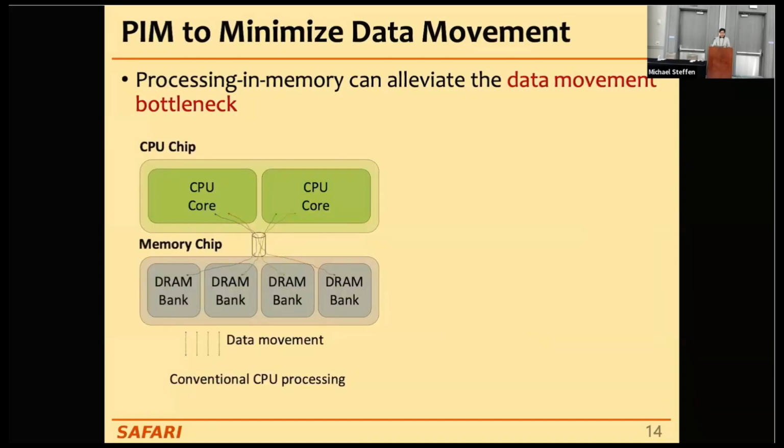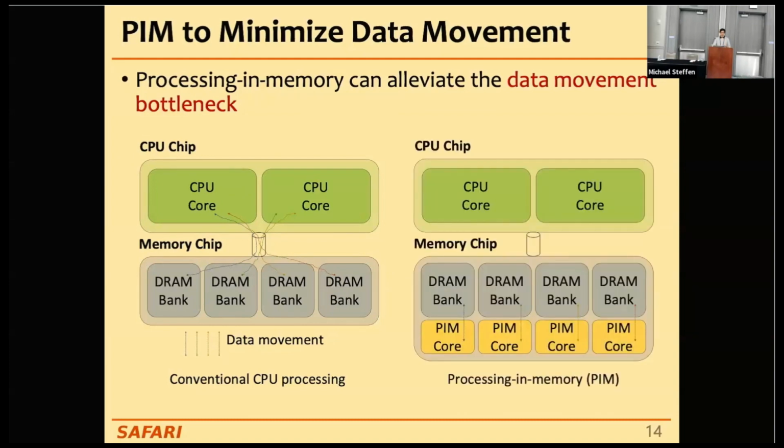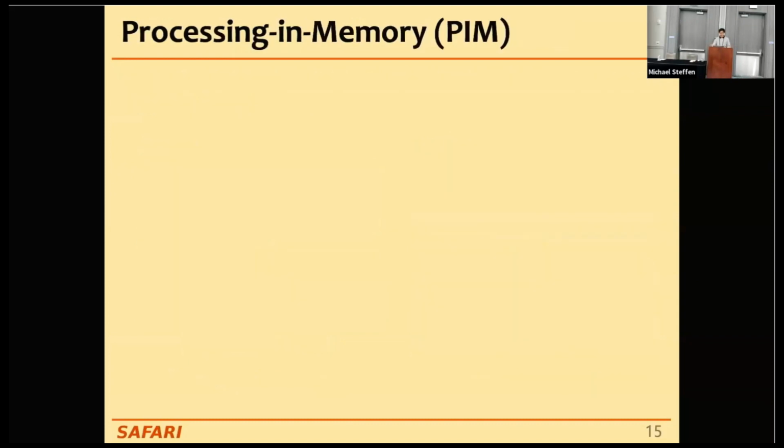First of all, in conventional CPU processing, the problem is that access to memory behaves like a funnel. All memory accesses from the cores need to go through the same narrow memory bus. When we use processing in memory systems, each PIM core has access to its own DRAM bank, with direct access to memory. That's why latency is much shorter and the aggregated bandwidth is much larger.